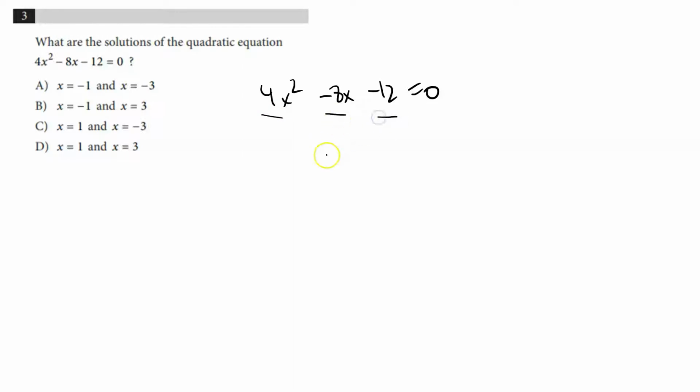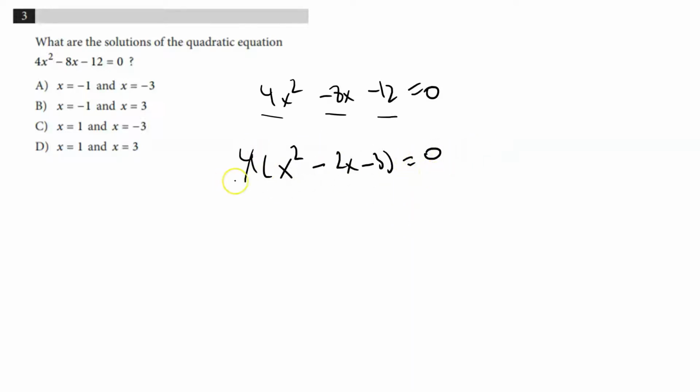Factor out a 4 from each of these terms, because that would greatly simplify our quadratic equation. So factoring is basically dividing, so we want to divide each of these terms by 4. Then we have x squared minus 2x minus 3 equals 0.